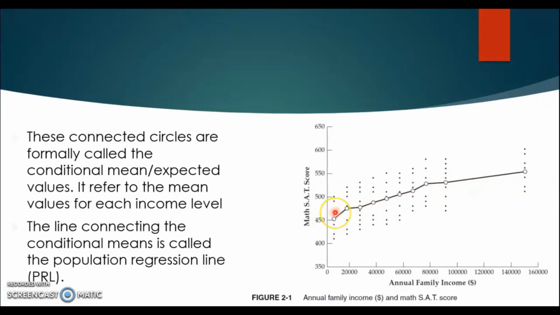And as you can see here, it seems like there is an upward trend in the math scores, meaning that a higher income level tends to be associated with higher math scores. And this is especially evident when the circles are connected.